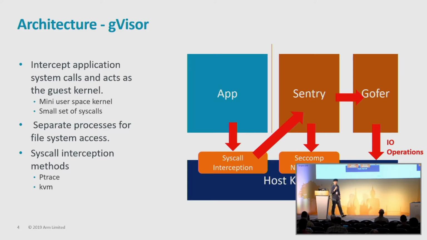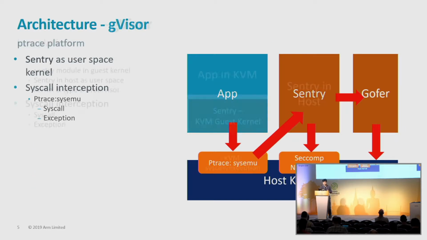Usually, we use the ptrace platform to debug the user space kernel in gVisor, and we can also use it to debug our container application. And another isolation platform is KVM. The performance is quite good. So in my opinion, the KVM platform is a better choice for production.